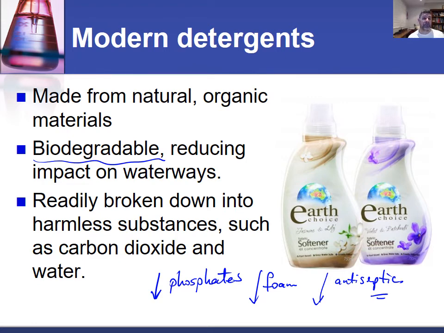They're sourced from natural and organic materials in order to be more compatible with the natural waterways and the organisms that live in them, and they can be more readily broken down into products such as carbon dioxide and water, in the same way that a large number of these sorts of compounds often are. So you will find earth-friendly, earth-choice kinds of products that are designed to address some of the problems we've seen with previous types of detergents and the way they've been used historically.